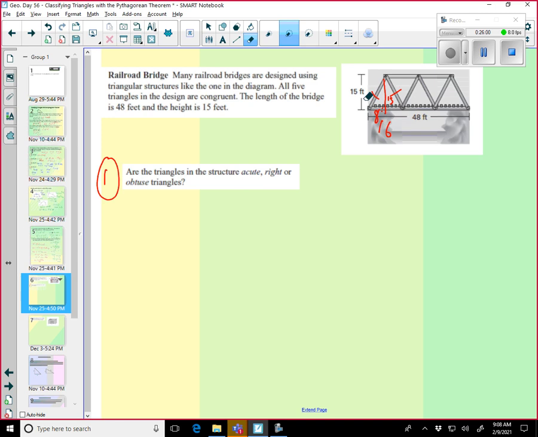We can get the hypotenuse. Hypotenuse is going to be 8 square plus 15 square and taking square root. So this is going to be 17.